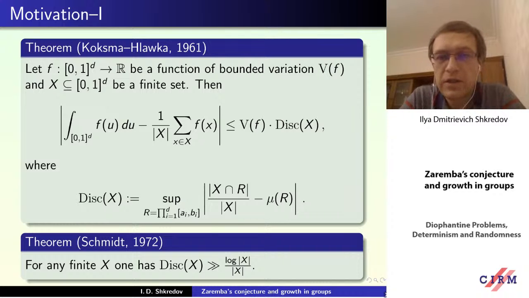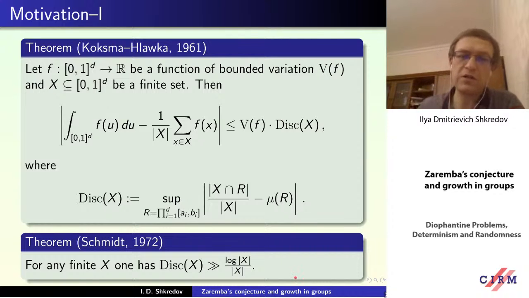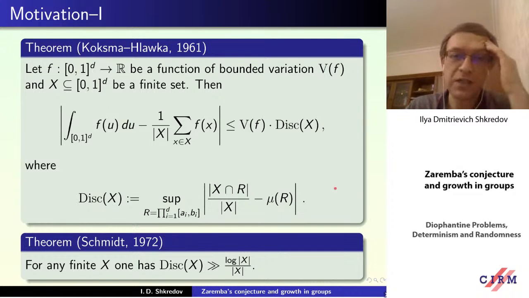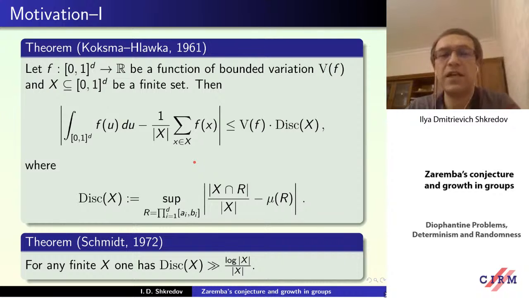Suppose that this function f has bounded variation, and we are trying to calculate the integral over this cube of the function f, choosing a finite set of points x. So x is a finite set, and we want to approximate our integral by this finite sum.